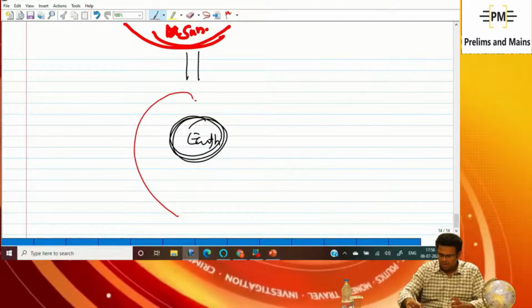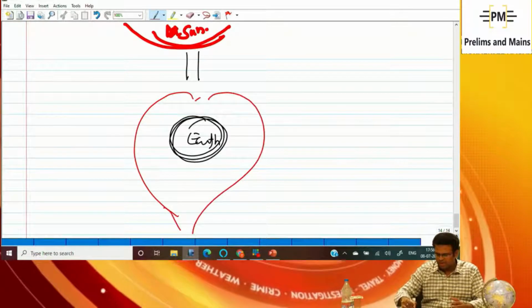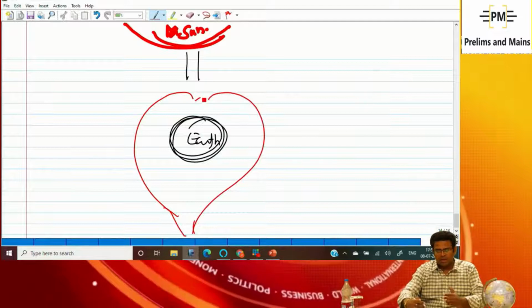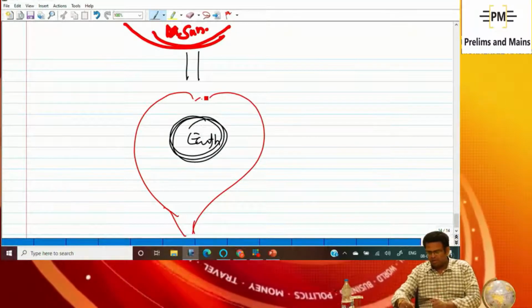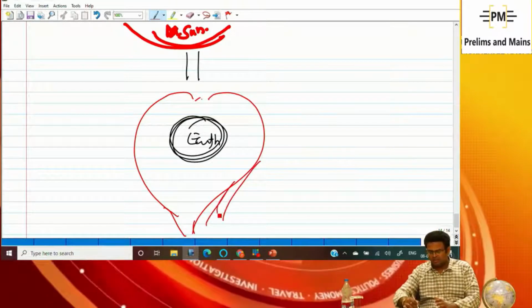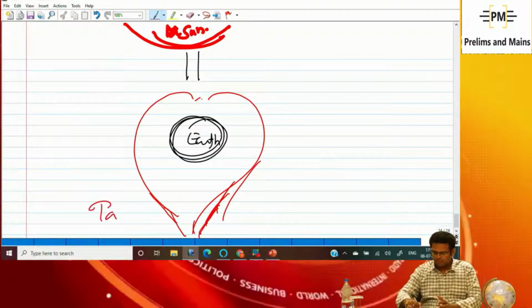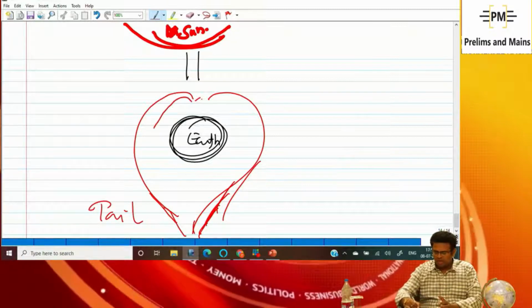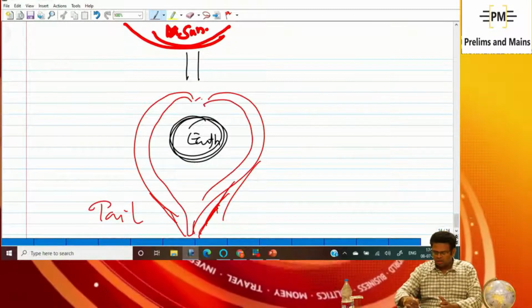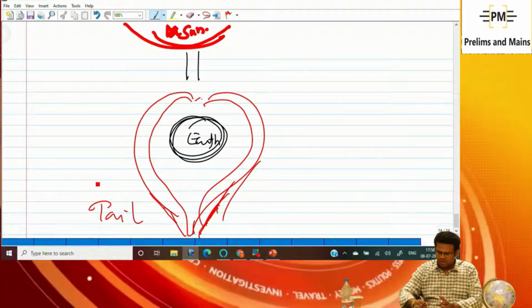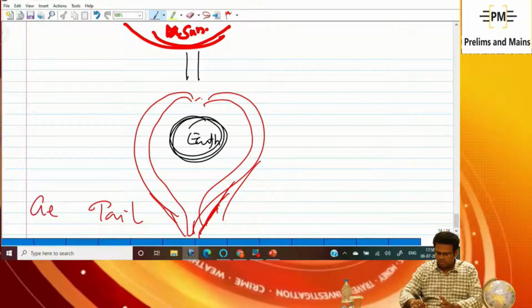In the front it will be compressed, and in the back, away from the Sun, there will be a tail. This magnetic field around the Earth, looking like a tail, is known as the geotail.